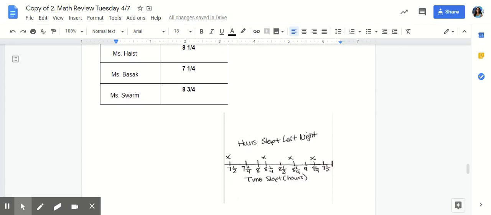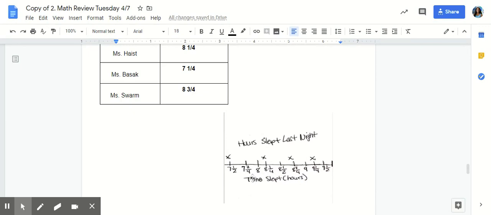So the most important thing with creating a line plot is labeling our axis. So we have our title, which is hours slept last night.